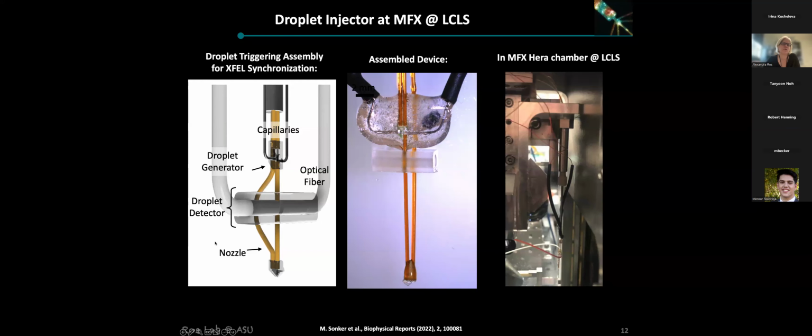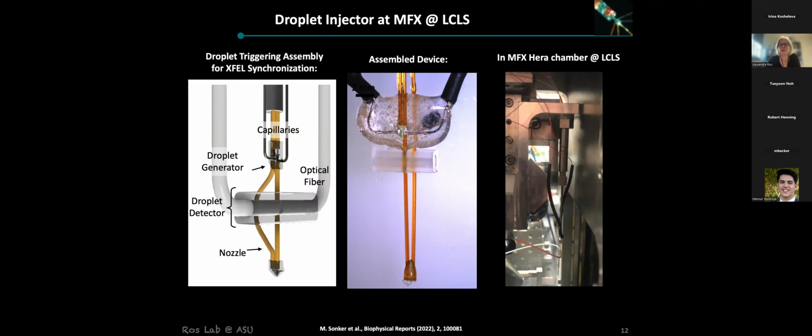And between the nozzle and the droplet generator, we integrate our droplet detector. It's basically the optical fibers that allow us to diagnose the differences in optical properties between the oil and the aqueous media. In the middle, you see a picture of the assembled device. Everything is very well protected in a lot of epoxy so that these devices survive vacuum insertion.